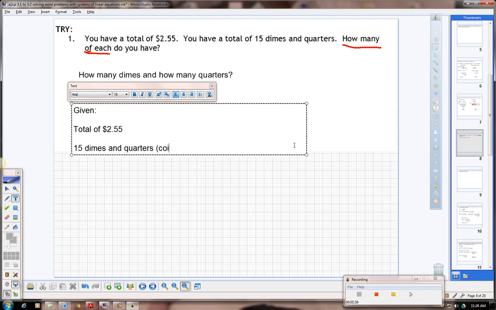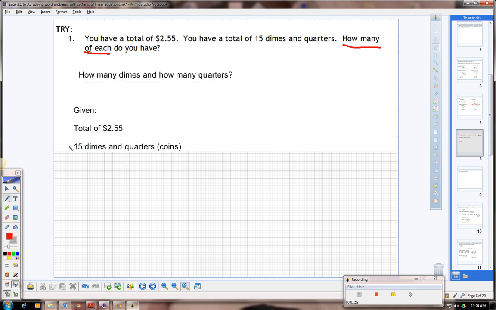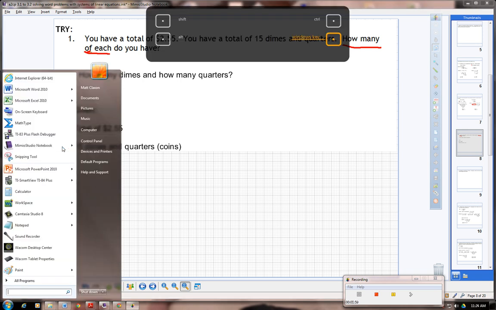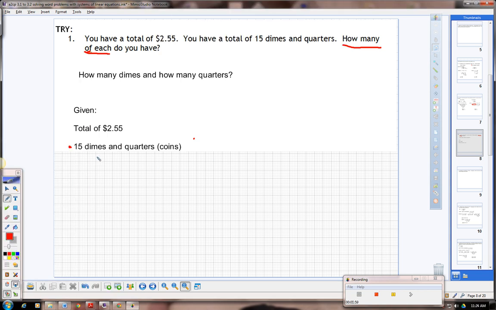We just call those coins. You have 15 coins. So there's given information, and then we have some implied information here as well. The easiest given information to write an equation about is 15 dimes and quarters. I know that what that's telling me is I have 15 coins.